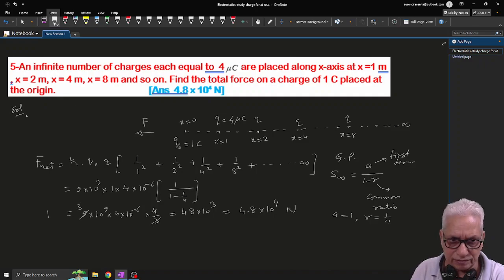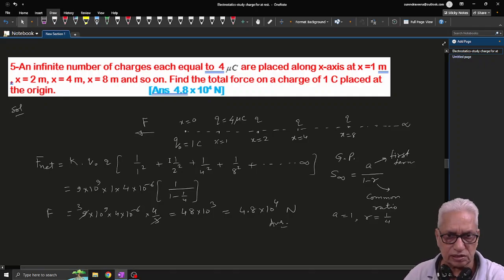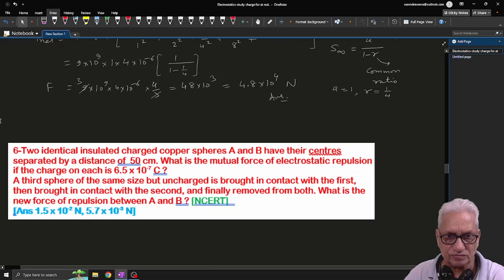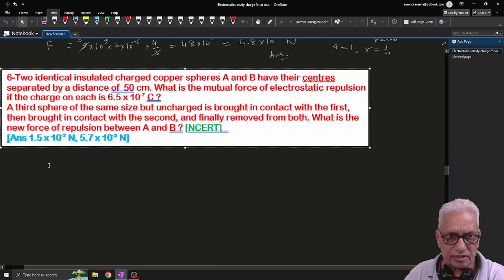This is the answer. This is the force towards left. So answer on the origin Q naught 1 coulomb. Now, there is the question here.